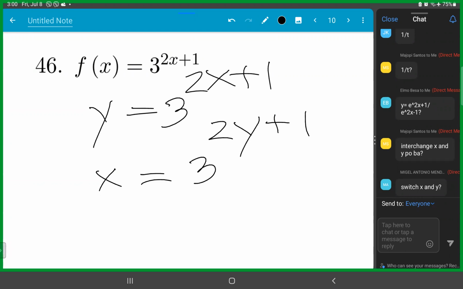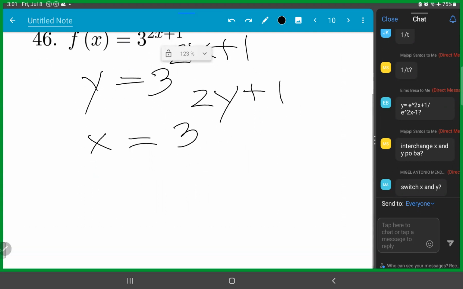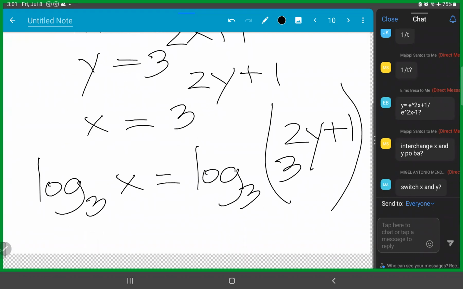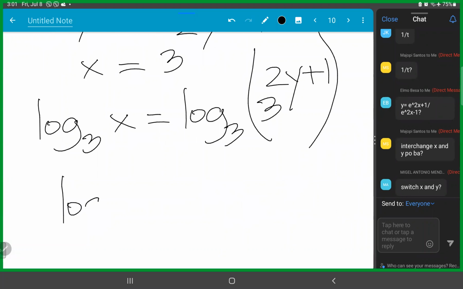Now, since we're looking for the inverse, kailangan mag-base 3 tayo. So, sa halip na base e, base 3. Apply base 3. I-base 3 pareho lang naman. Then what happens now to the right-hand side?